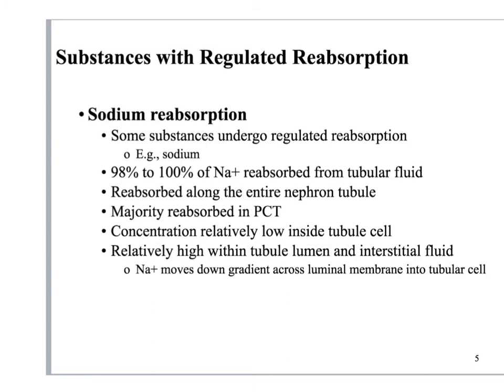Now, substances that are reabsorbed with some regulation include sodium, water, potassium, calcium, bicarbonate, hydrogen ions. All right? Because they also regulate other stuff. Think about, I just said water follows salt and chlorine, right? Water follows sodium.